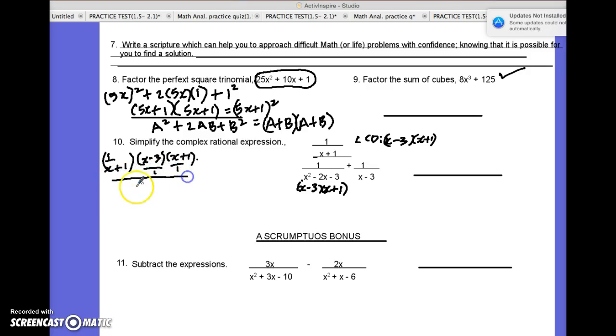The denominator is going to be multiplied by the same thing. Instead of x squared minus 2x minus 3, I'm going to write it in the factored form, x minus 3 times x plus 1.